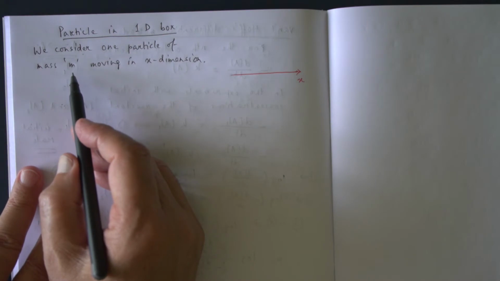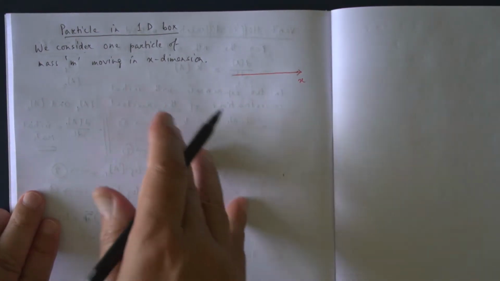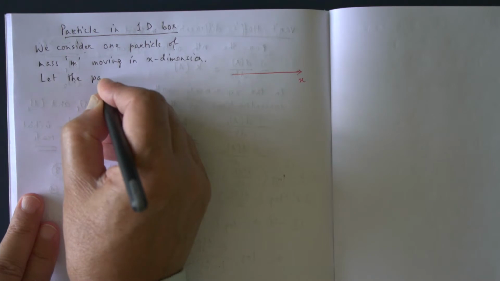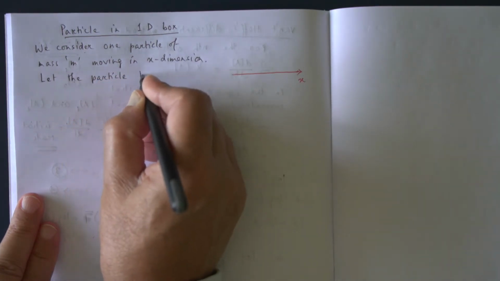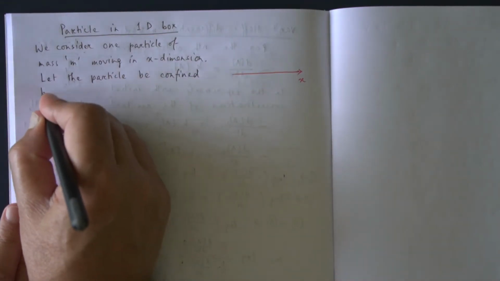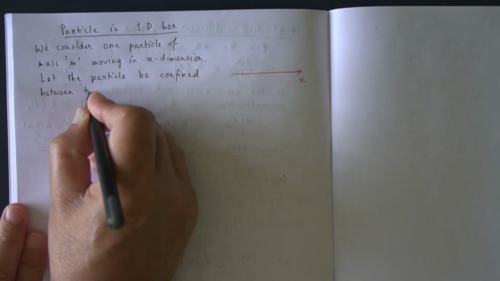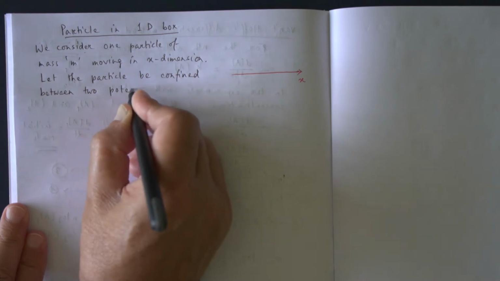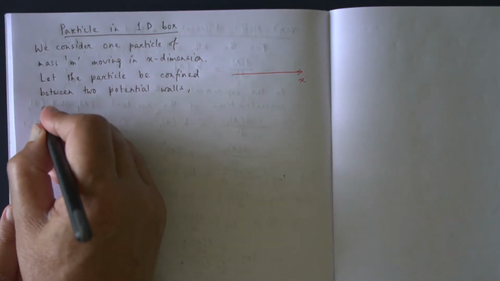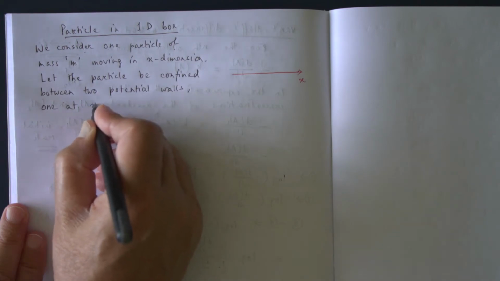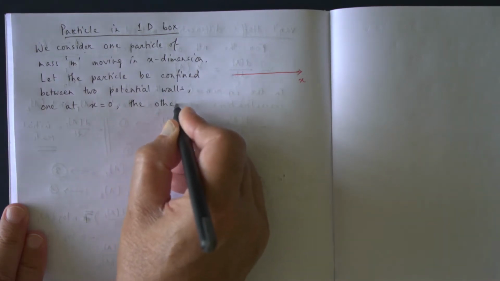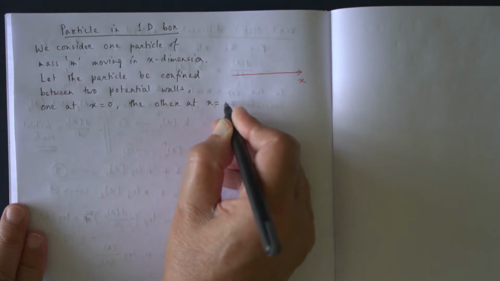Mass of the particle is m, and we further consider that the particle is confined between two potential walls, one at x equal to 0, the other at x equal to, say, a.